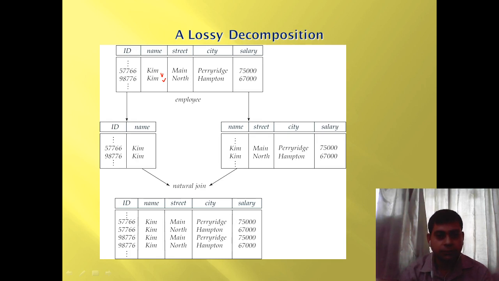Look at this particular tuple, this one, as well as this one. So these two tuples are basically erroneous, meaning they are spurious tuples, which have been generated from the natural join of these two decomposed sub-relations. And this is not good, because we get a lossy decomposition here.